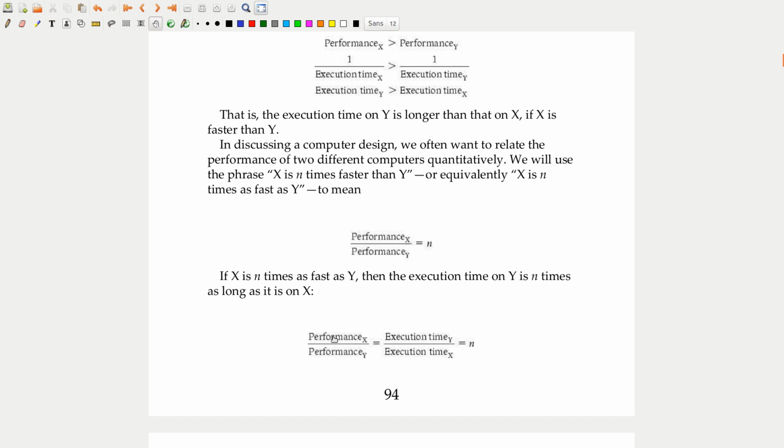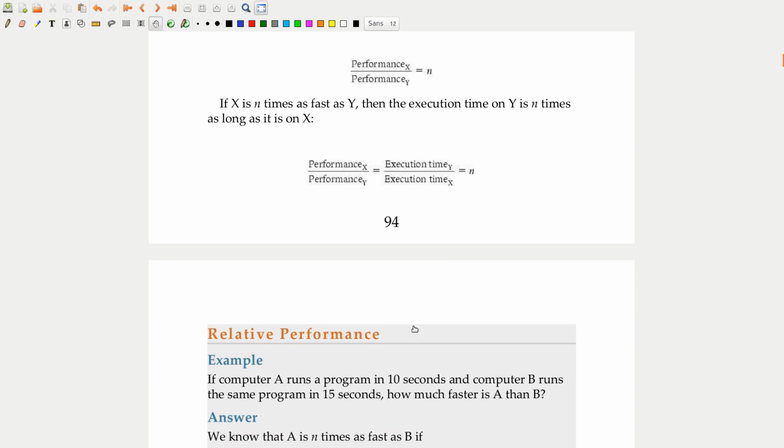So this means the performance of X over the performance of Y is the same thing as the execution time of Y over the execution time of X is equal to n, some scalar value of how many times faster X is than Y. Or it could be slower, so slowdown is the opposite of speedup. Usually we're concerned about speedup unless we're intentionally slowing down something.